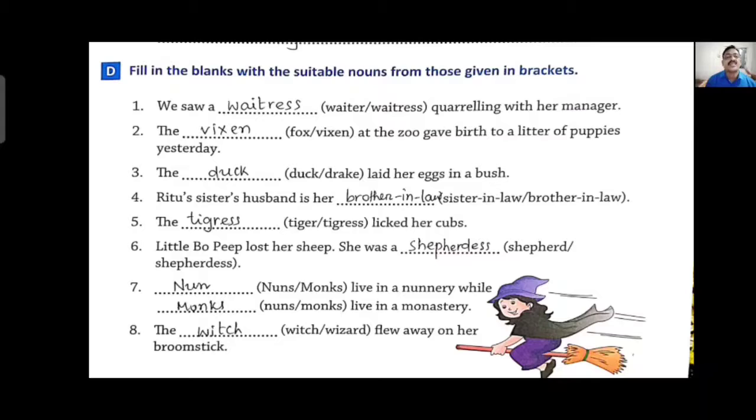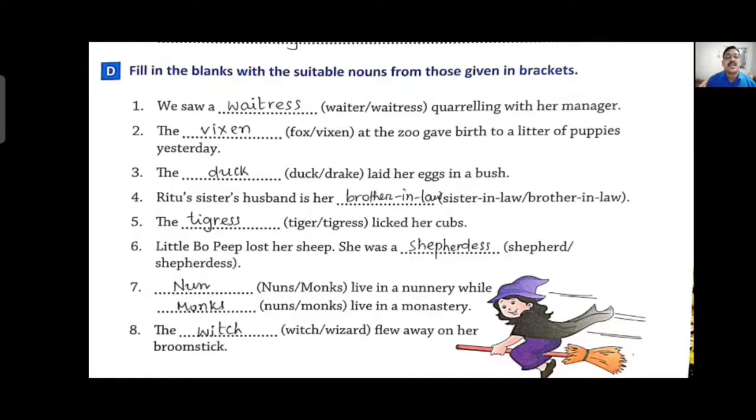Seventh one: dash (nuns or monks) live in a nunnery while dash (nun or monks) live in a monastery. A nunnery is a place where female monks live, that is nuns. Nuns live in a nunnery while monks generally live in monasteries.